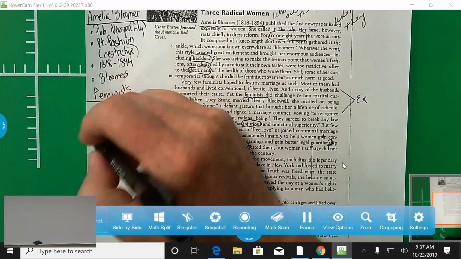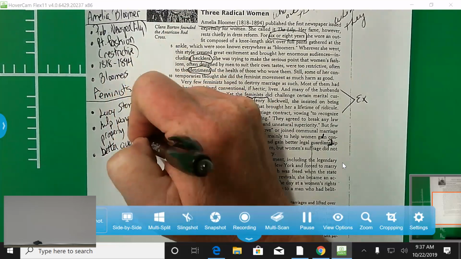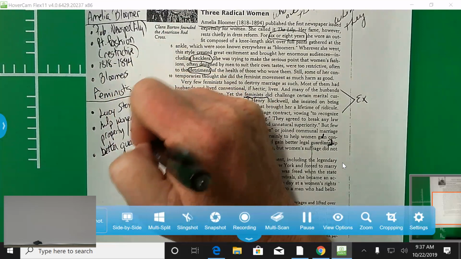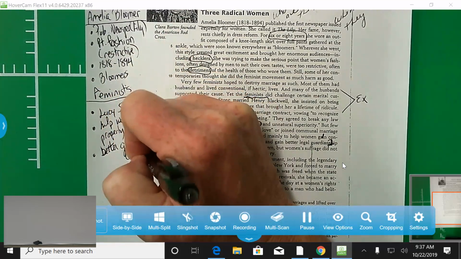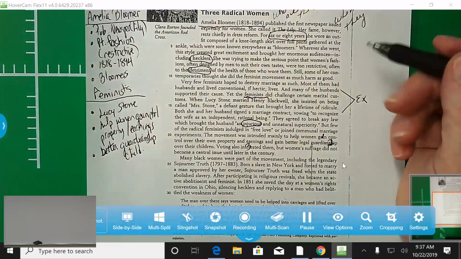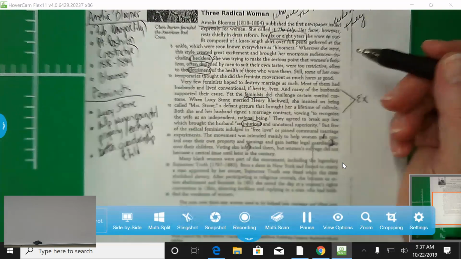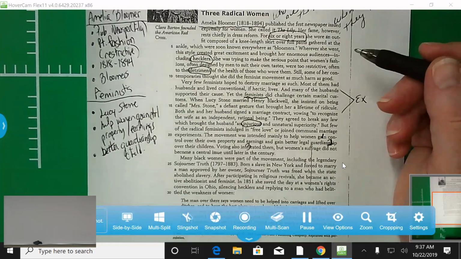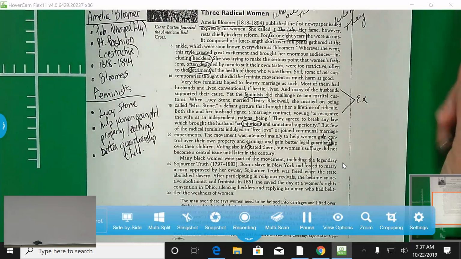Better guardianship over their children. Makes sense so far?